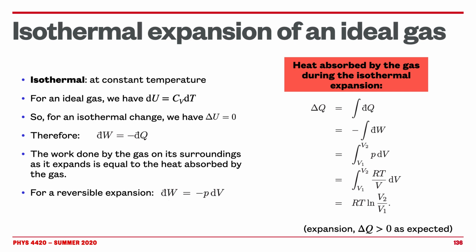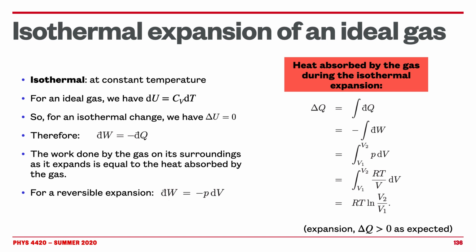So this is good. Now, let's try to think a bit about this equation we got there. If we do an isothermal expansion, the heat that you need to provide to the system will be RT ln V2 over V1. That's wonderful, right?